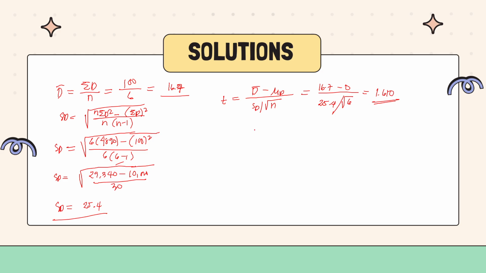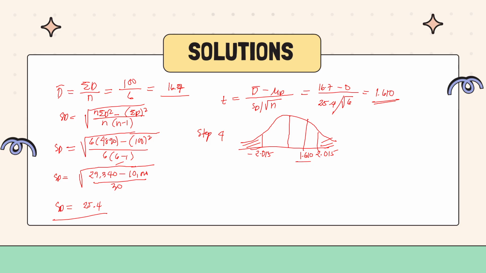Okay, step number 4. We are going to use a graph here. What are our critical values? Our critical values are negative 2.015 and positive 2.015. So we have to shade this one, and our test value is 1.610.